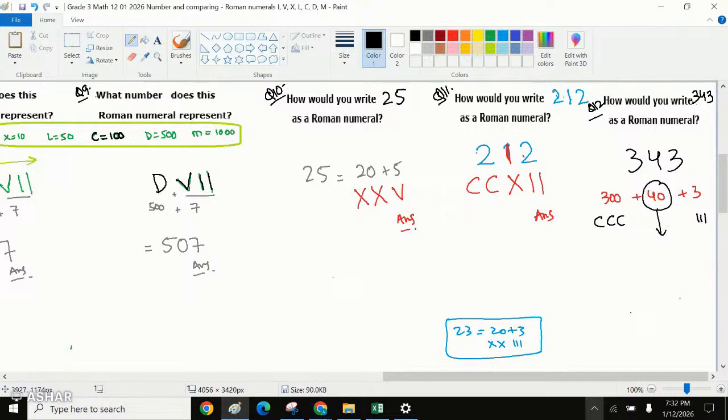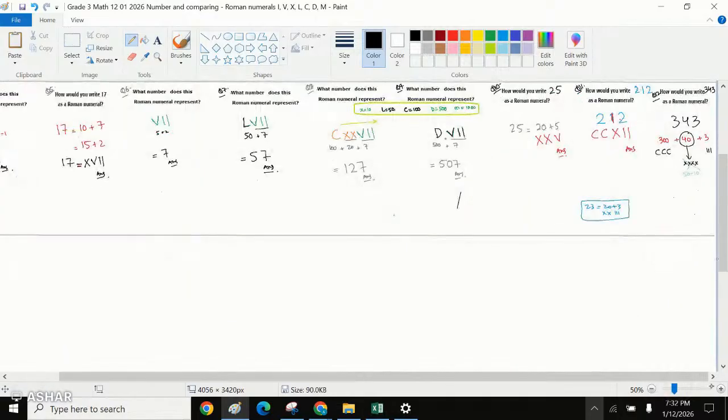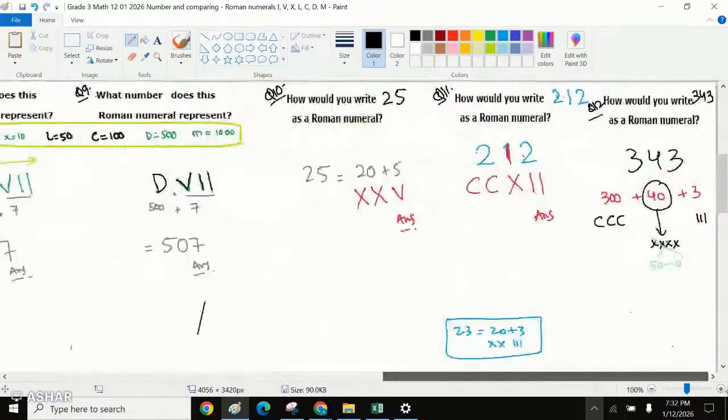This 40 is the main problem. 40 cannot be written this way. This is wrong. 40 is always written as 50 minus 10. And 50 is L, right?